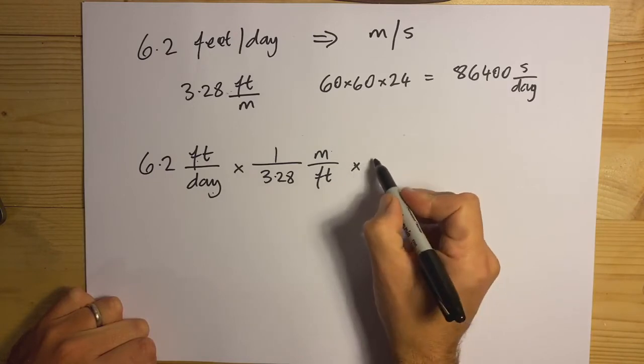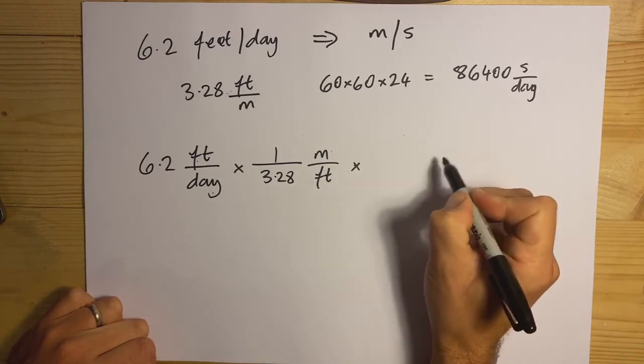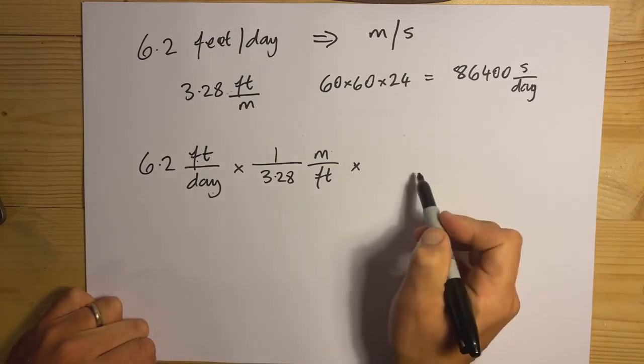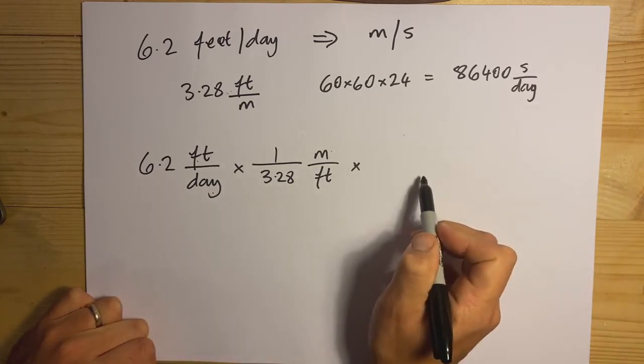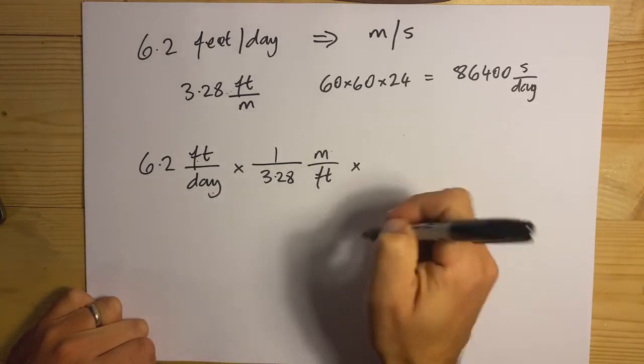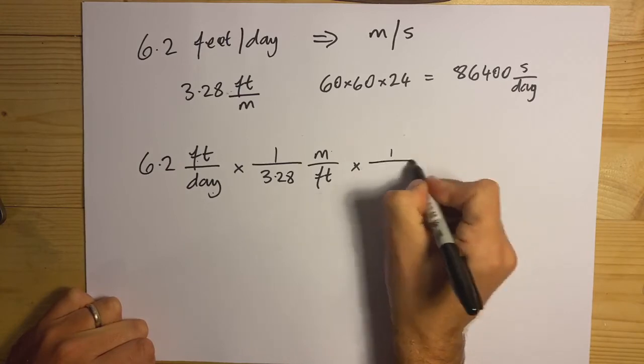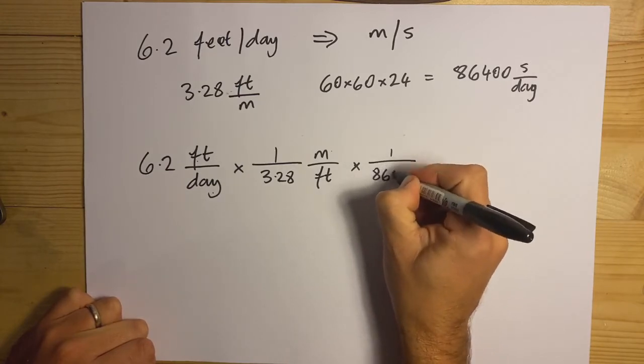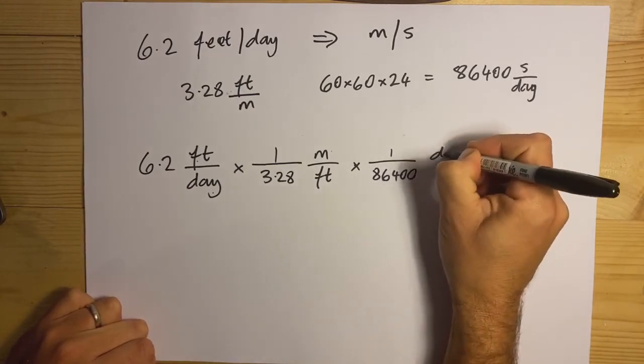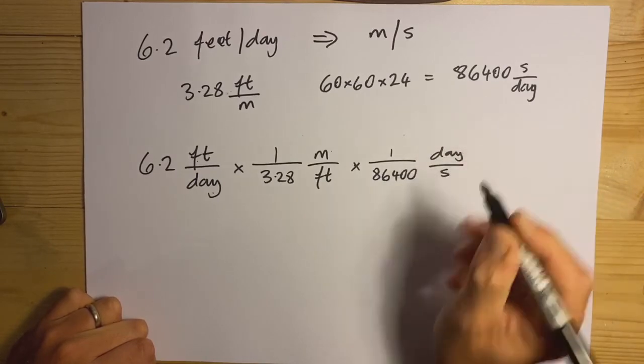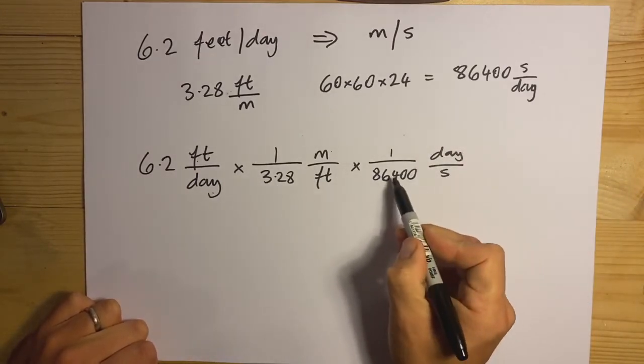Similarly, if I just wrote down 86,400 seconds per day, that would give us days squared, because the days would both be in the denominator. So we need to flip that over, so that becomes 1 over 86,400 days per second.